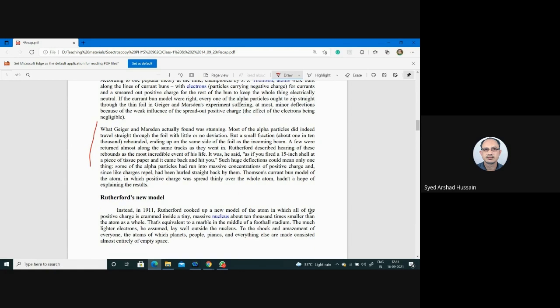So Rutherford, after observing these results, analyzed that it was very surprising if you consider the existing atomic model of that time. The existing model means Thomson's currant bun model, where positive charge was spread over the whole atom.